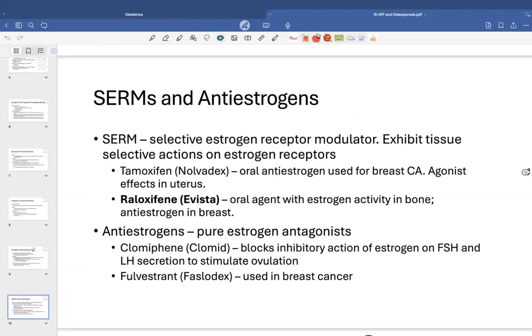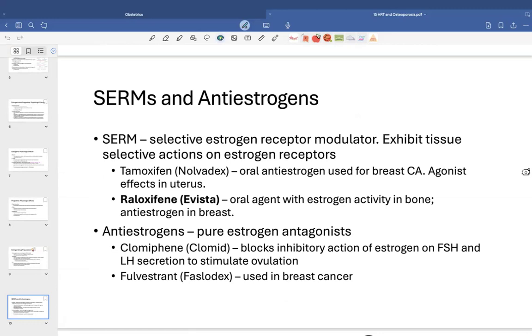For example, raloxifene has pretty much full estrogen activity in the bone, which is what you would want for osteoporosis, but it actually serves as an anti-estrogen in breast tissue so that it does not promote estrogen-dependent breast cancers.